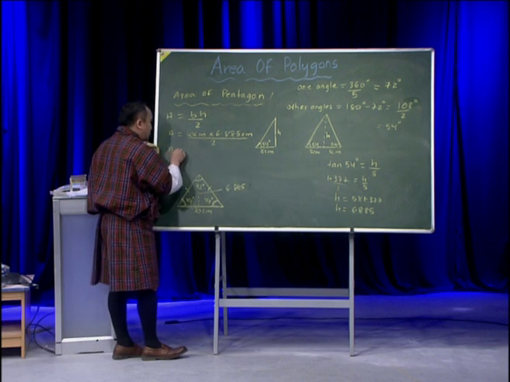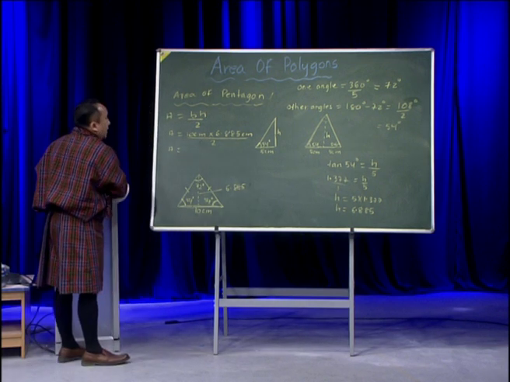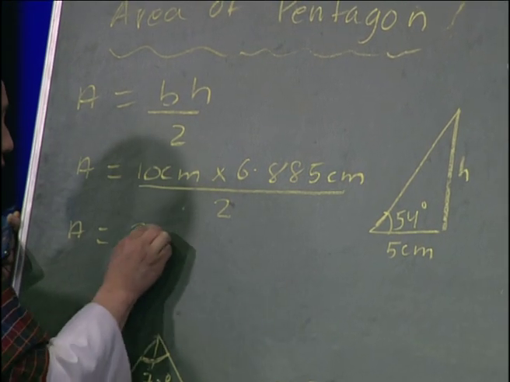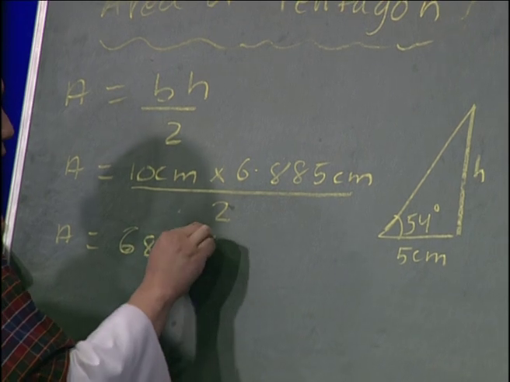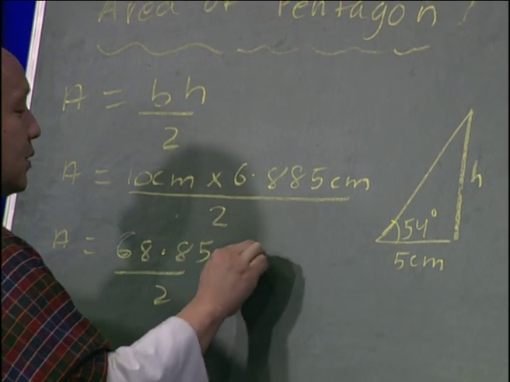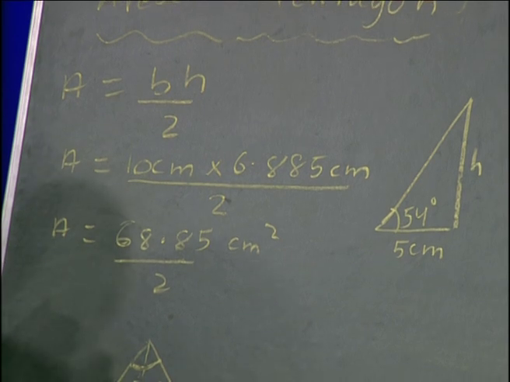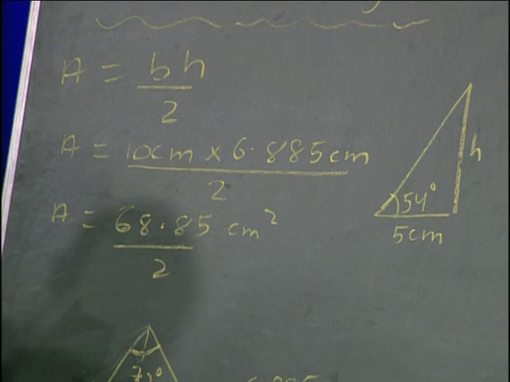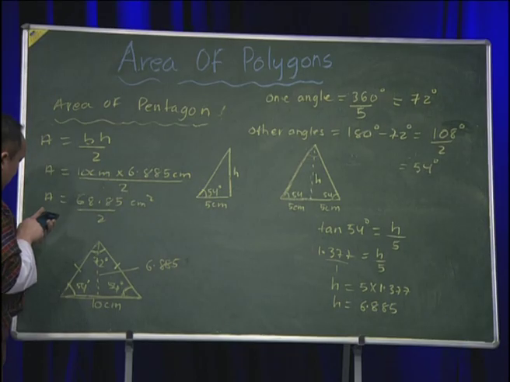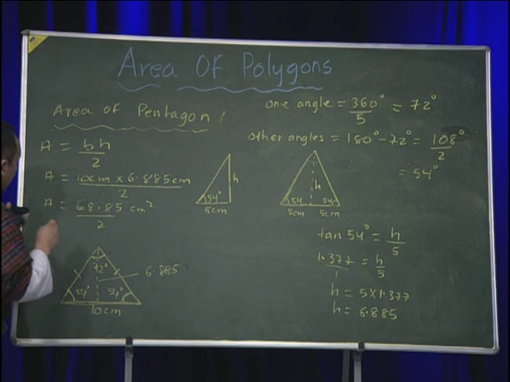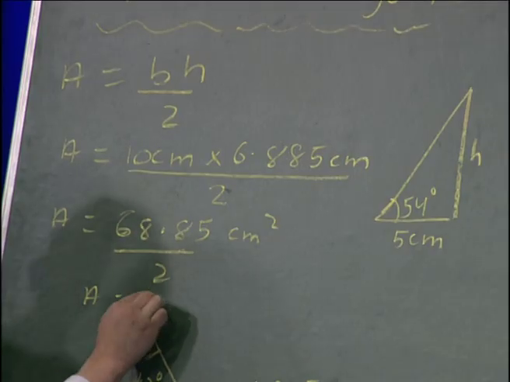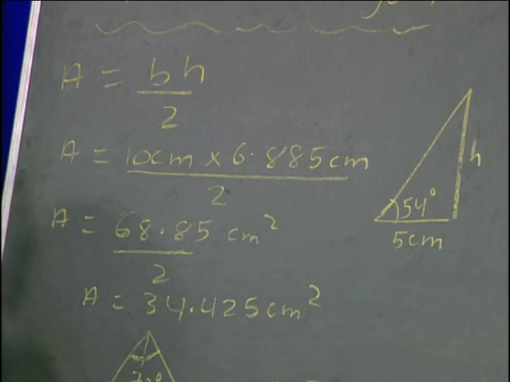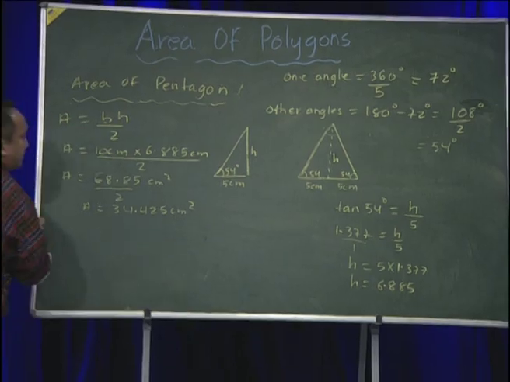So area is equal to 10 times 6.885, which gives us 68.85, divided by 2, centimeters square. So area is equal to 34.425 centimeters square. Finally, we could find the area of the triangle.